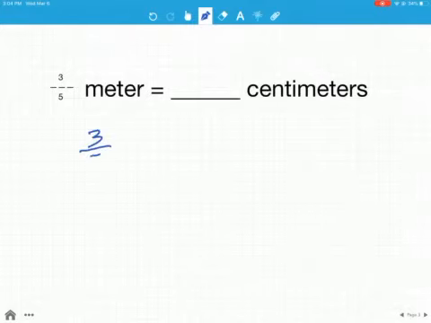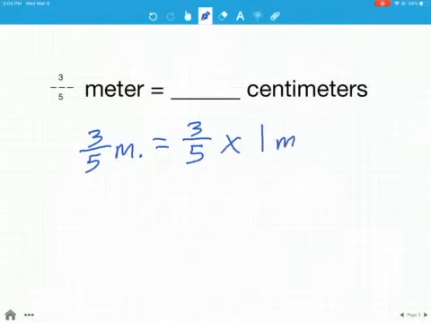So we have 3/5 meters, which we know is 3/5 times 1 meter. Now, we have to think, how many centimeters are there in 1 meter?